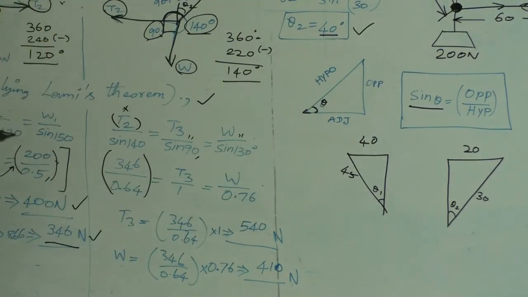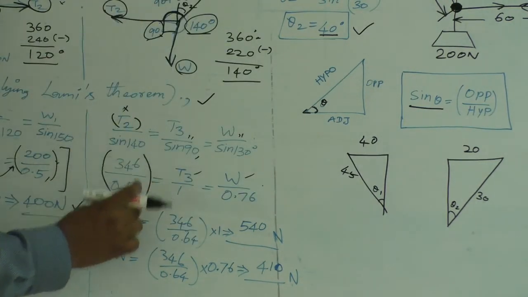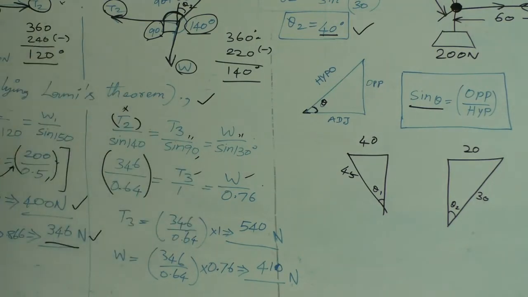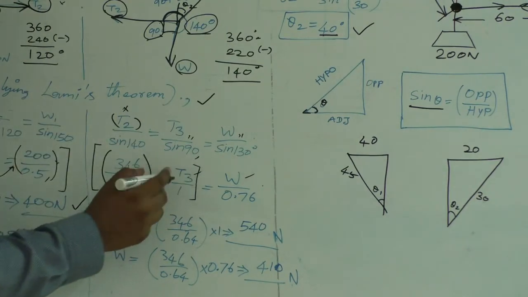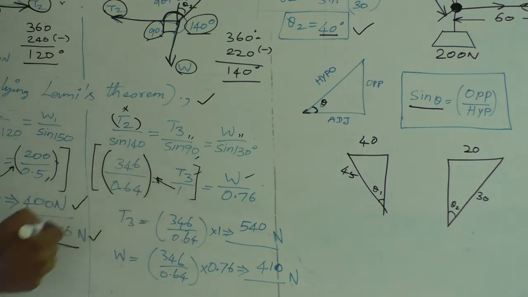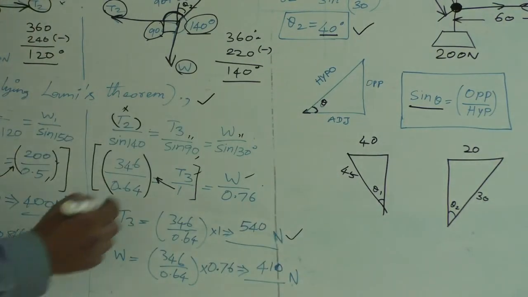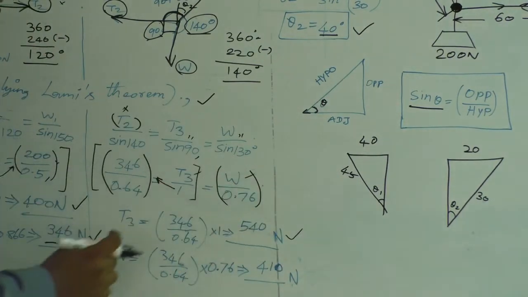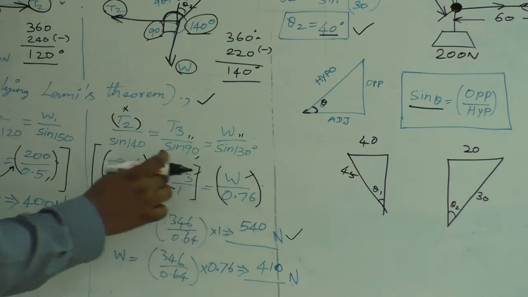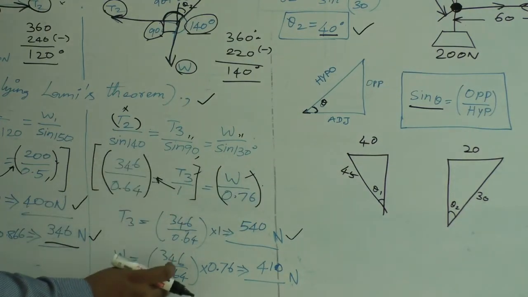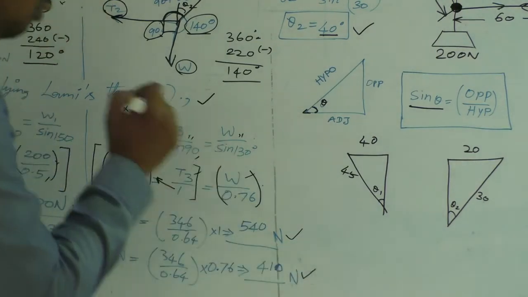So the unknowns are T3 and W. We have to equate this 346 divided by 0.64 with the respective equations. First, equate T3: T3 is equal to 1 multiplied by 346 divided by 0.64, and by multiplying we get 540 Newton. After that, W divided by 0.76 equals 346 divided by 0.64, so W is 0.76 multiplied by 346 divided by 0.64, and the value is 410 Newton.